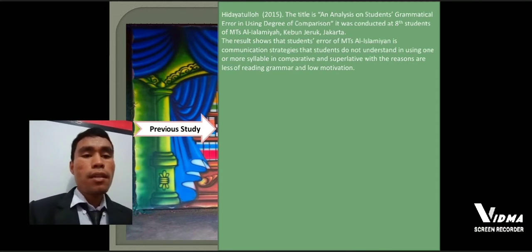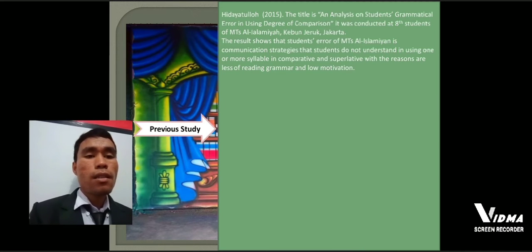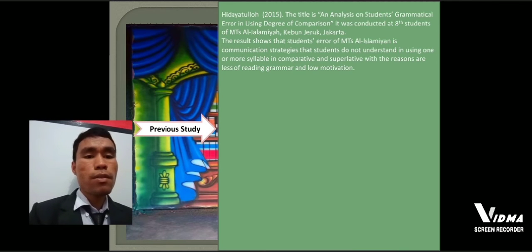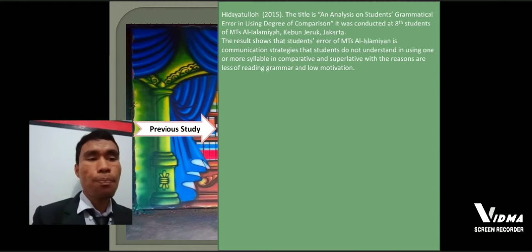The previous study was conducted by Hidayatullah in 2015. The title is Analysis on Students' Grammatical Error in Using Degree of Comparison. It was conducted at 8th grade students of MTS in Jakarta.